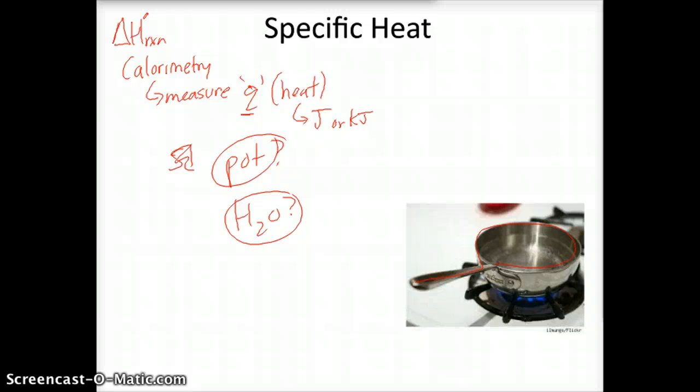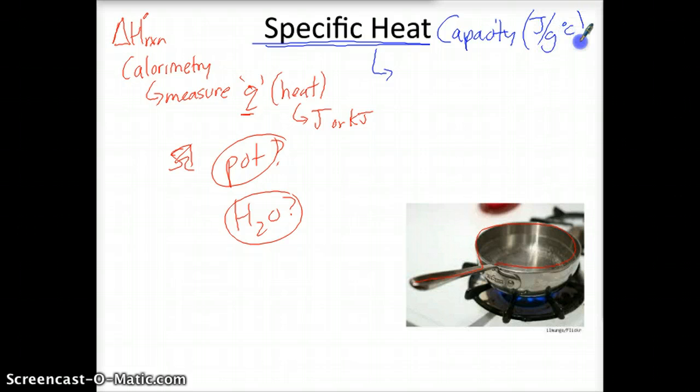Well, the reason for that is a property called specific heat, or more specifically, the specific heat capacity. Basically, this is the capacity, the ability of a substance to gain heat. More specifically, the units are joules per gram degree Celsius.